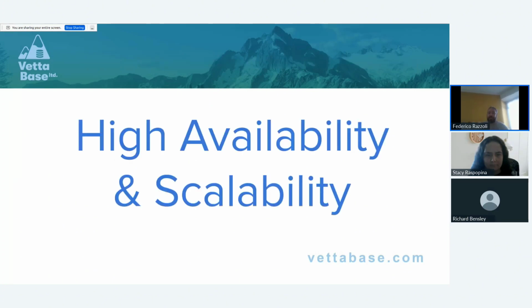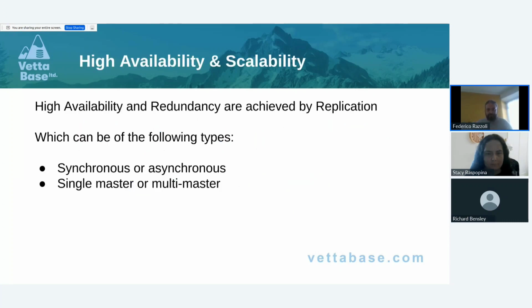So let's talk a bit about high availability, not just a single server, but the complete cluster where the server runs. So high availability and also redundancies are achieved by replication.